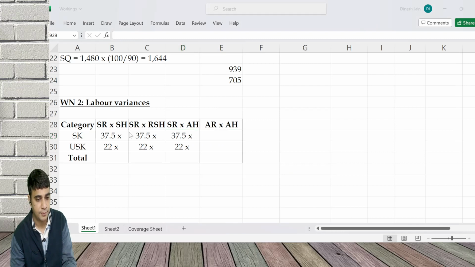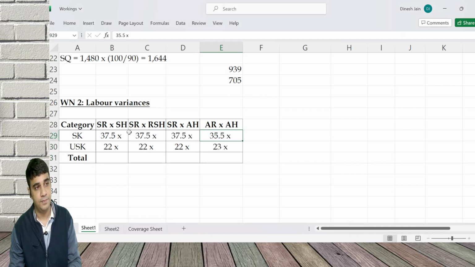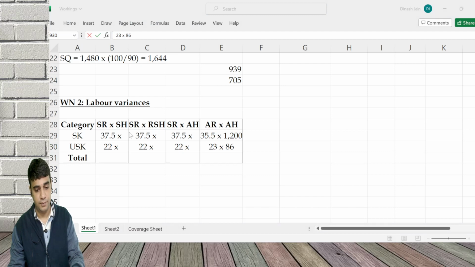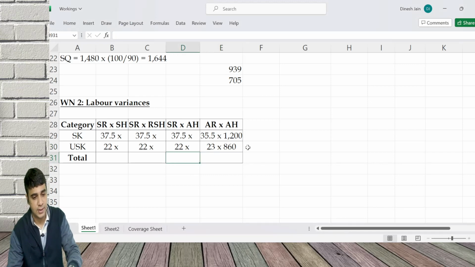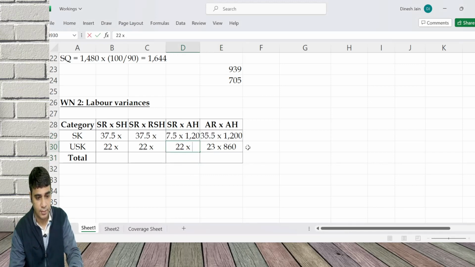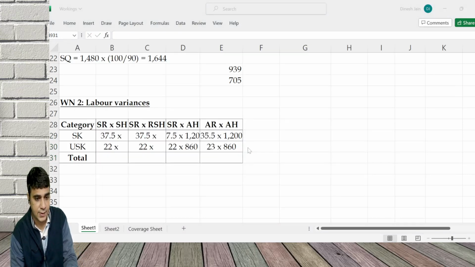What is the actual rate? 35.5 for skilled and 23 for unskilled. Actual hours? What is the actual hours? 1200 and 860.